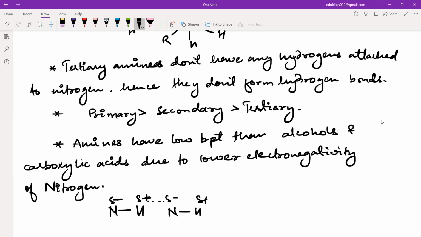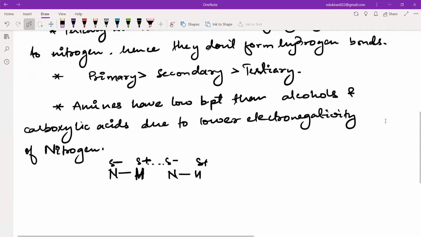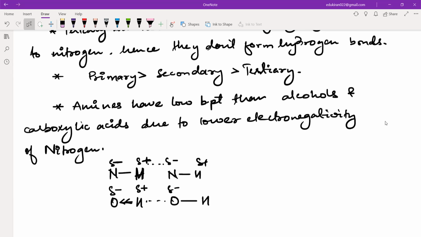So it's basically an electrostatic attraction between hydrogen, which has a positive charge, and nitrogen, which has a delta negative charge. Now, if I compare this with the O-H bond, oxygen is more electronegative, so this will be more delta negative. If it is pulling more electrons, then hydrogen will be more delta positive, and that is why the hydrogen bond between O and H is stronger than the hydrogen bond in nitrogen.